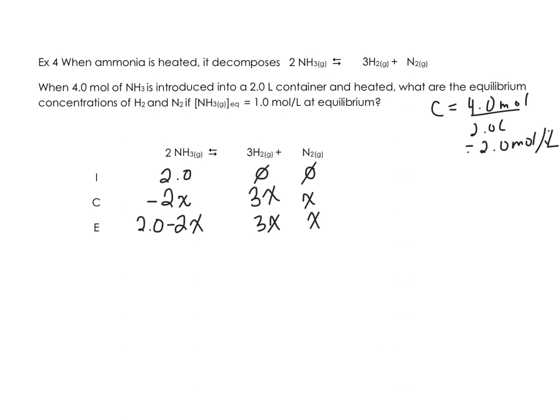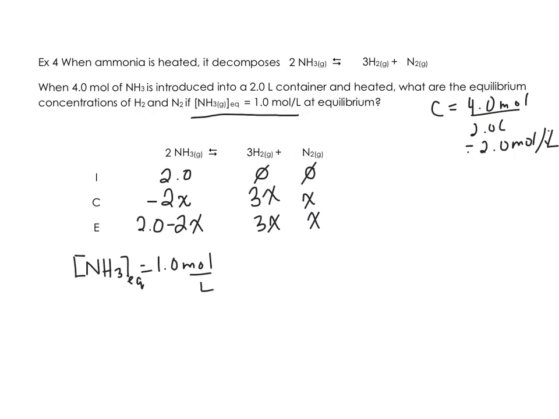Now, we're also given that we know the equilibrium concentration of ammonia. So the concentration of ammonia at equilibrium is 1 mole per liter.